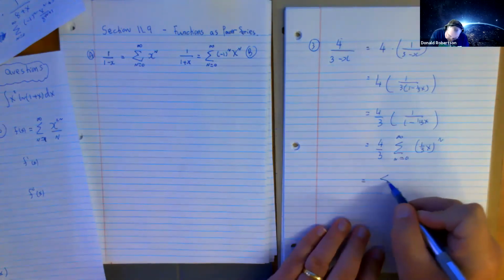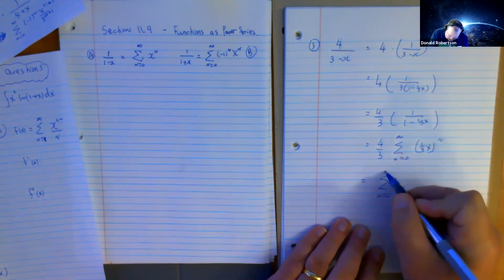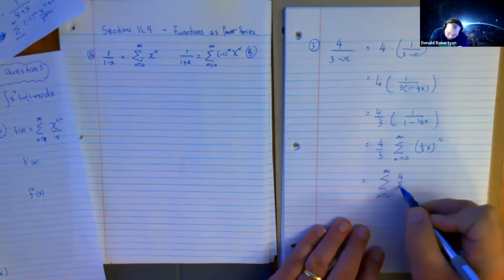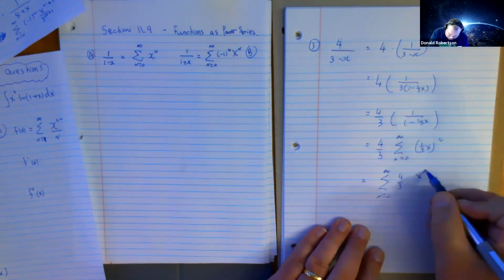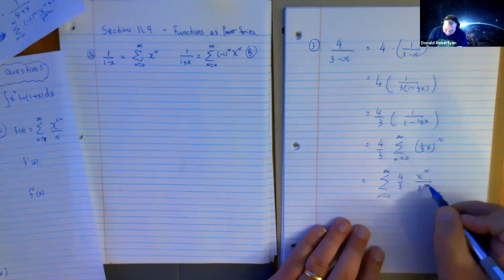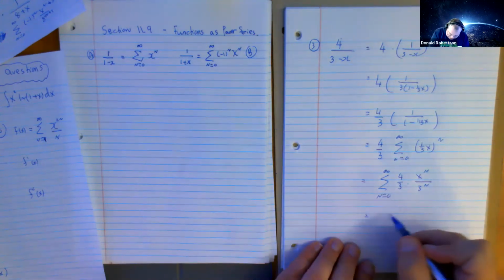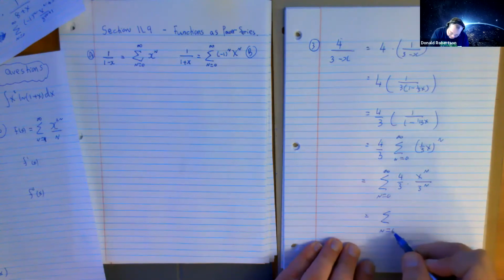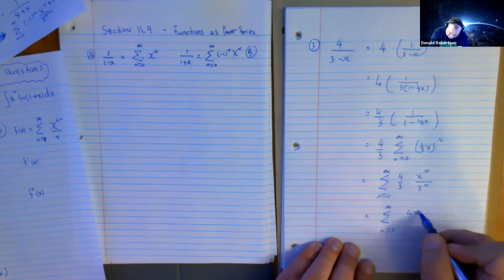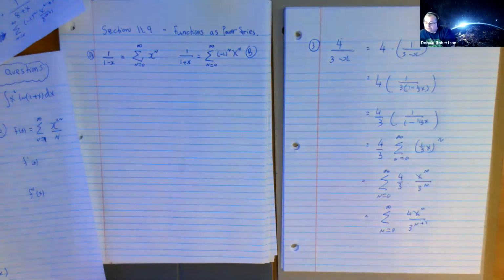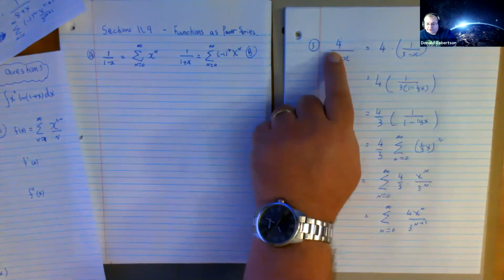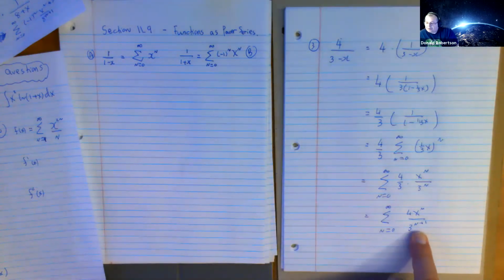Going to bring in the 4/3, and this guy is going to be called x to the n over 3 to the n, and then make it as pretty as you can. We're finished. So the power series of this rational function would be this guy here.